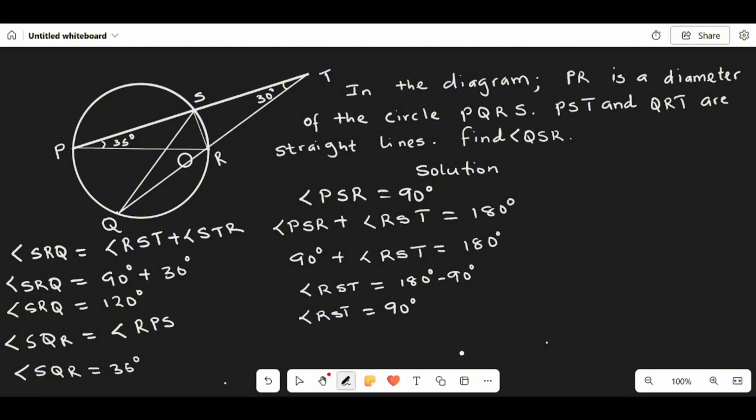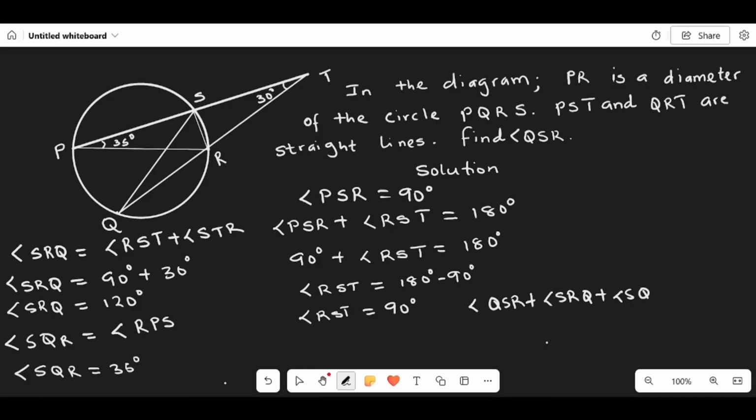Let us consider triangle QSR. Angle QSR plus angle SRQ plus angle SQR are equal to 180 degrees because the sum of angles in a triangle is equal to 180 degrees. Angle SRQ is 120 degrees.